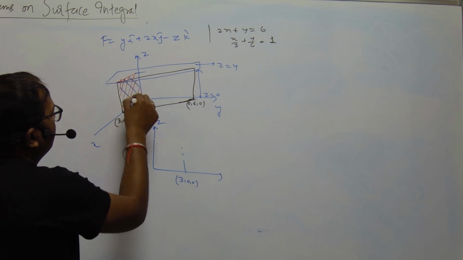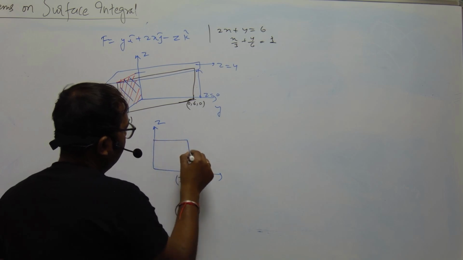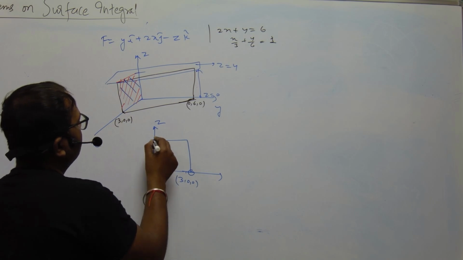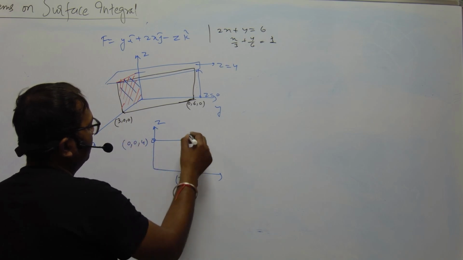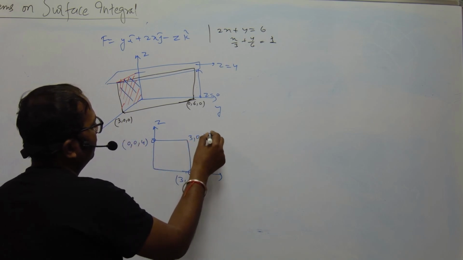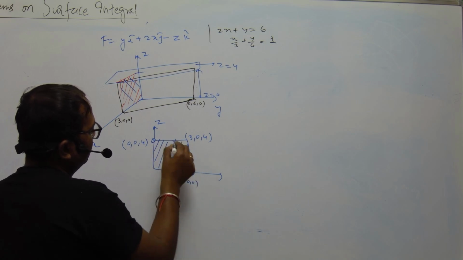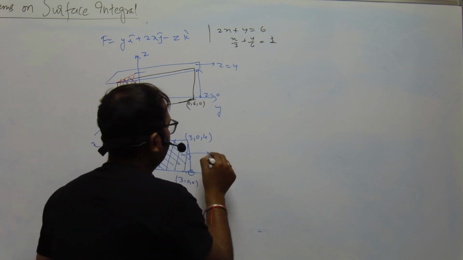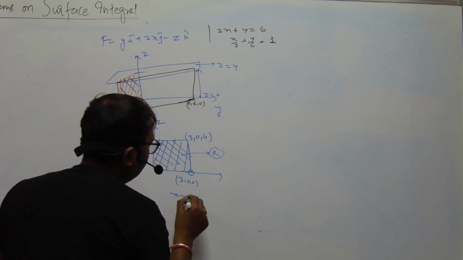This red marked portion is our region R. This coordinate is 3 comma 0 comma 0. So the limit on x is 0 to 3, and z is 0 to 4.